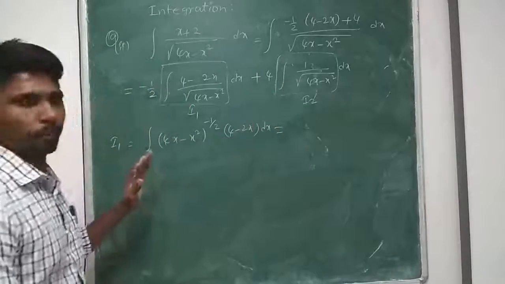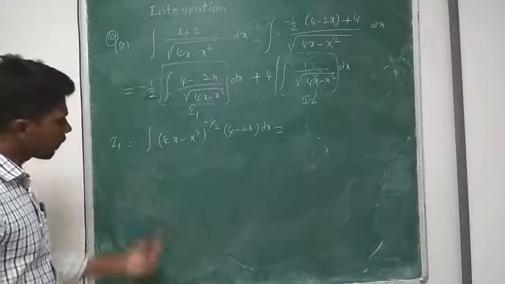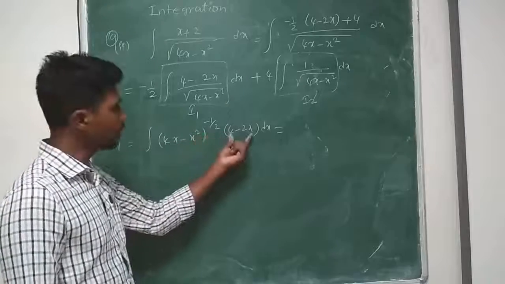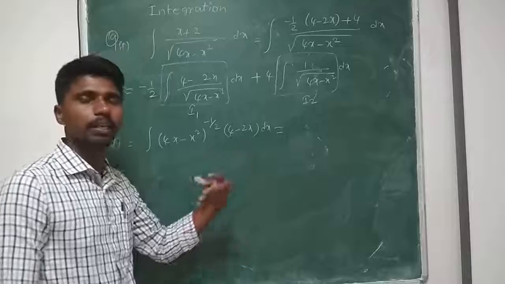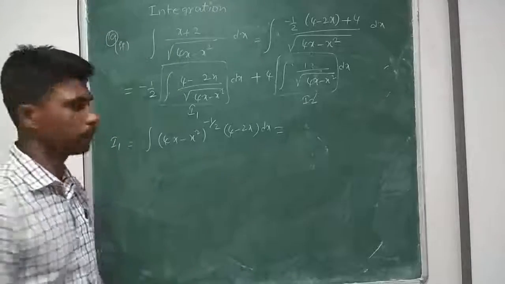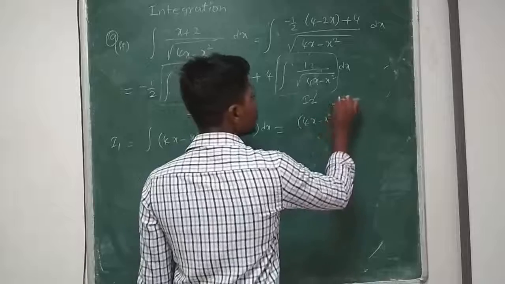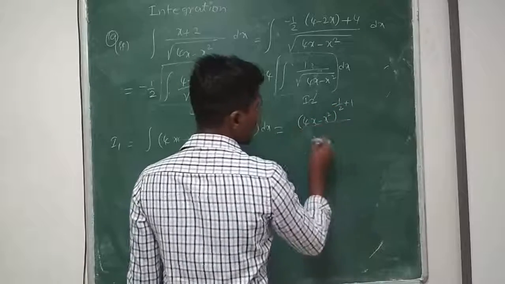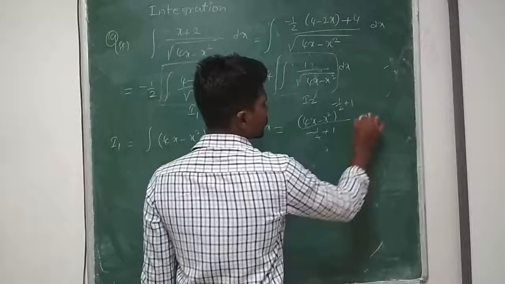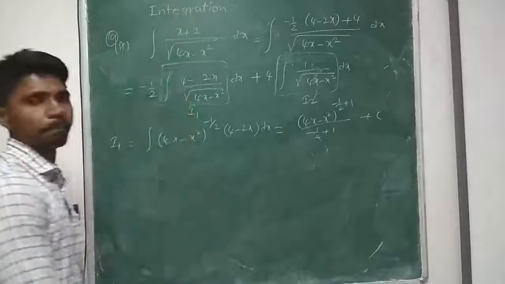Next, this is of the form f of x power n into f dash of x dx, which is nothing but f of x power n plus 1 by n plus 1. So (4x minus x square) power minus 1 by 2 plus 1 by minus 1 by 2 plus 1, plus a constant c.